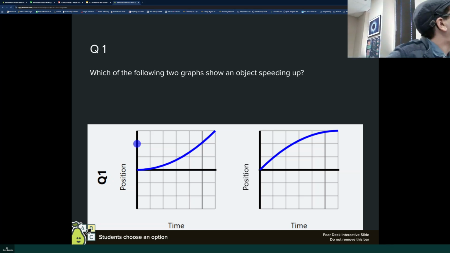Okay, so we've got two graphs of position versus time. There is a grid there. You don't have to numerically use the grid, but you can if you want. Based on the position versus time graph and thinking about this idea of the slope of the tangent line, which of these show speeding up?